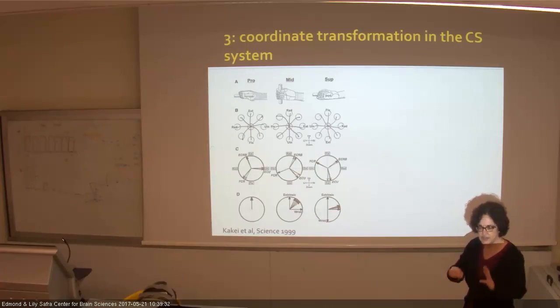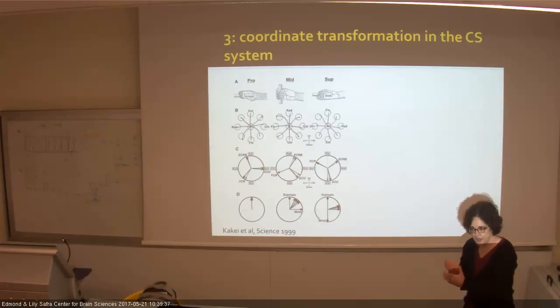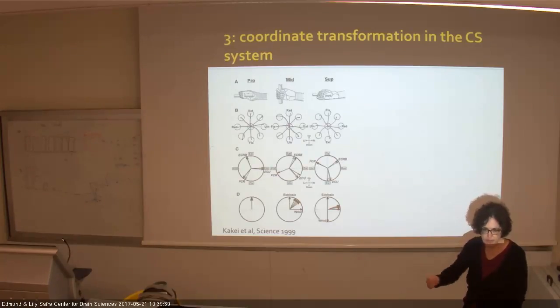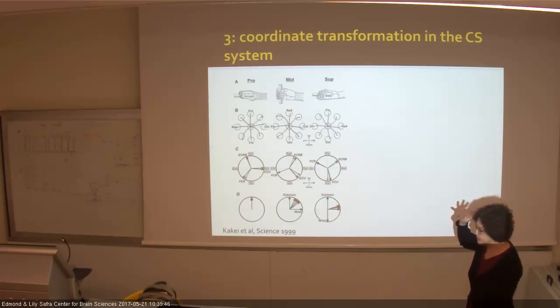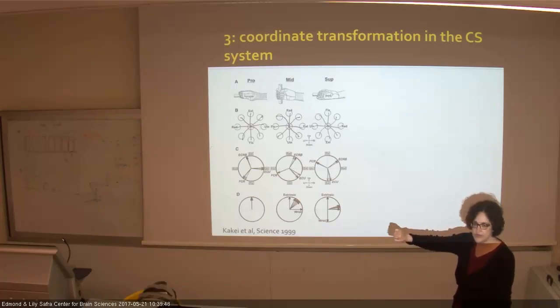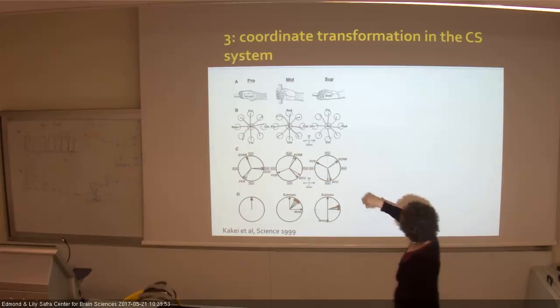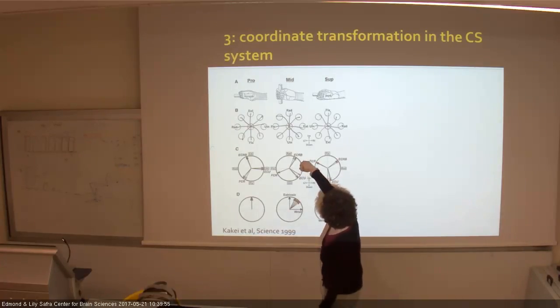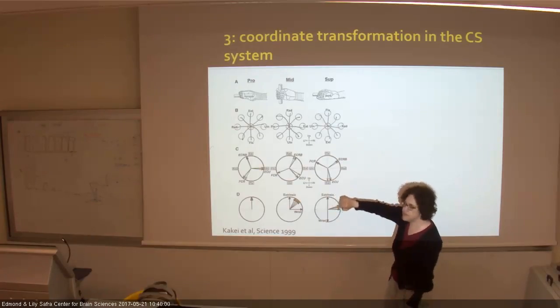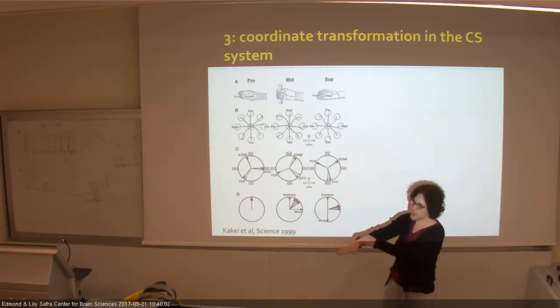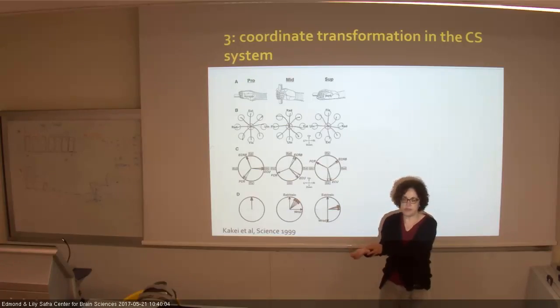It makes it easy because the wrist is quite a symmetric type of joint. It's a single joint, so it simplifies the computation in the motor cortex, but it can generate torques in all different directions. The monkey was trained to perform the same center-out task to one of 8 directions, but with a different hand posture: pronation, mid position, or supination.